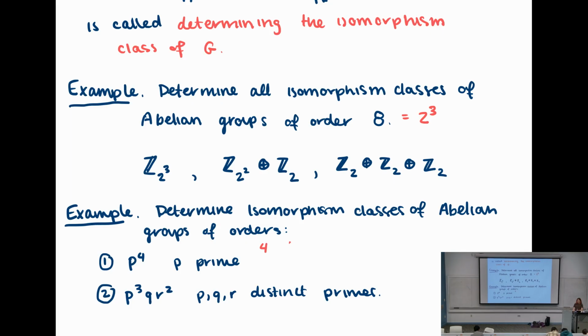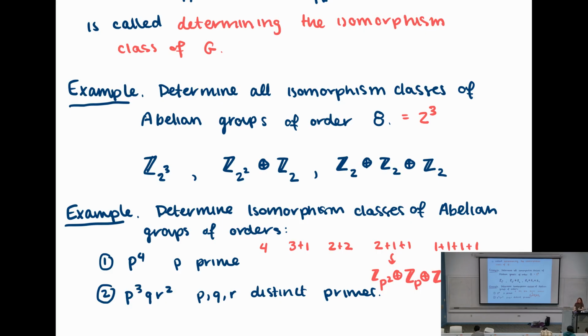So we have 4, we have 3 plus 1, we have 2 plus 2, we have 2 plus 1 plus 1, and then we also have 1 plus 1 plus 1 plus 1. And each of these will give you an abelian group. So for example, this one would be Z_{p^2} plus Z_p plus Z_p.